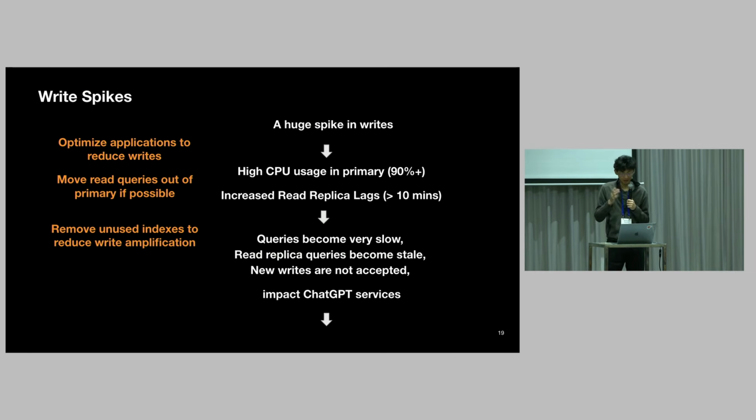So it impacted the ChatGPT service. Yeah, I think that's basically the only Sev 0 we have seen in the past 9 months since I joined OpenAI, because we didn't expect the sudden spike in writes, a very huge volume of write traffic.